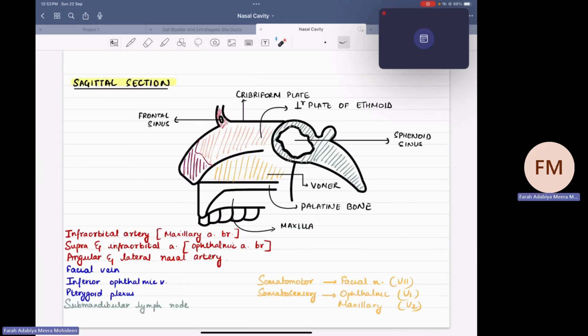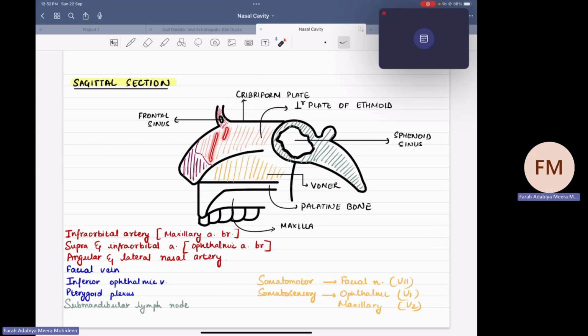Now, this is a diagram of your sagittal section of your nasal cavity, and we're looking at the medial side. So, again, just to revise the bony component: you have a cribriform plate, your olfactory bulb sits on it, and your olfactory nerves pass through your cribriform plate.